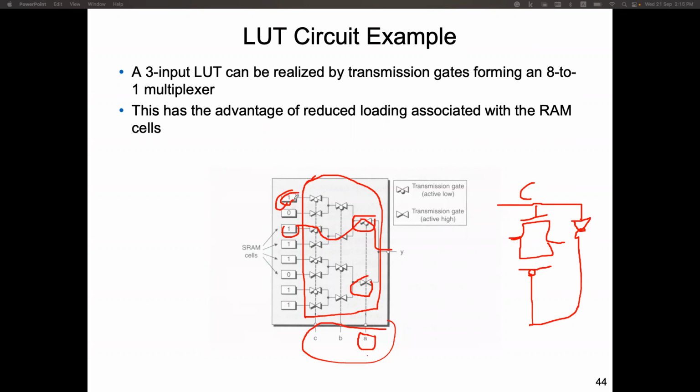If here we have a wire, like this transistor drain and source, those drains and sources and wires all present capacitance to this node. And if that capacitance is large, then the reading speed will be slower. So with this transmission gate implementation, the advantage is that the capacitance is small.